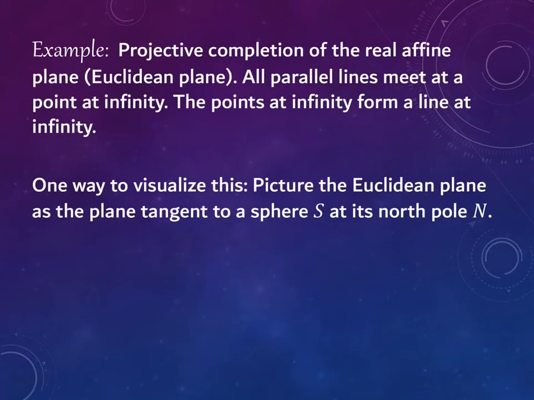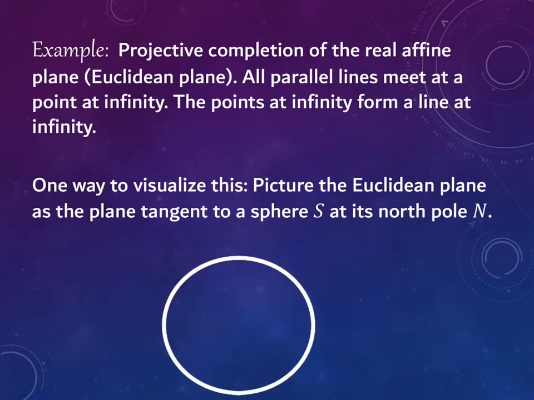One way to visualize this is to picture the Euclidean plane as a plane tangent to a sphere S at its north pole N. So we're going to just see how bad I can draw today. Draw yourself a sphere.